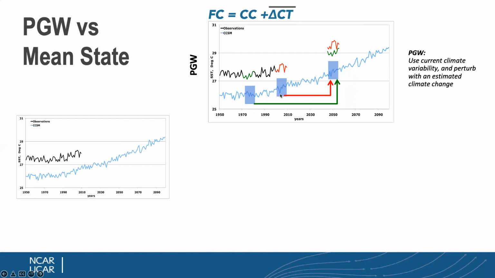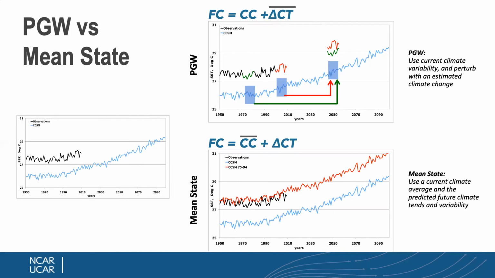Alternatively, we could have picked maybe a time in the 2000s, do the same, get the delta between them, apply it to the current time period of the 2000s, and we would get this representation of the red one in the future. And you can see that although they are very similar, there are differences in the variability of these two time periods.